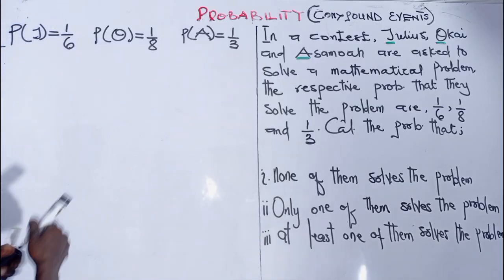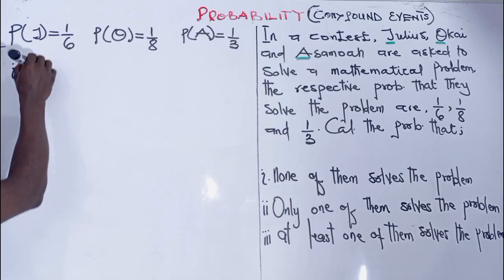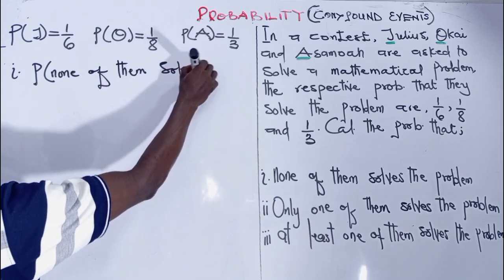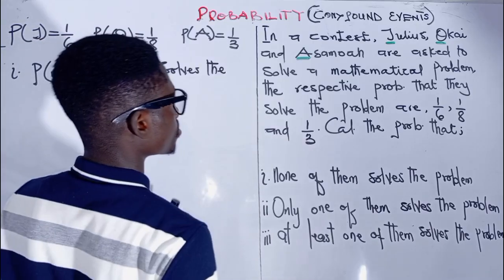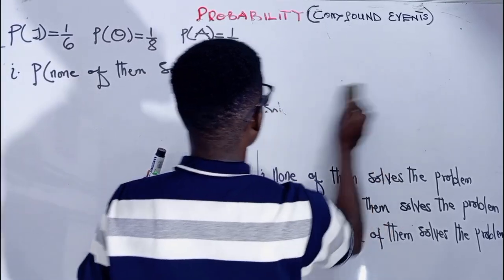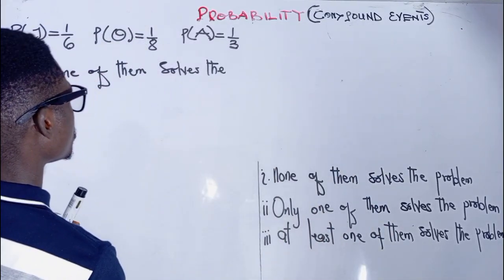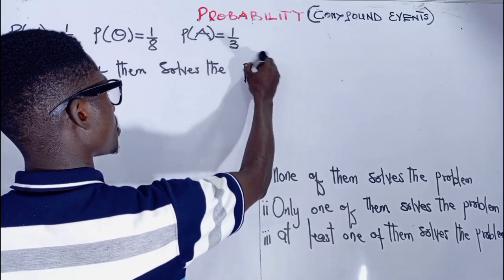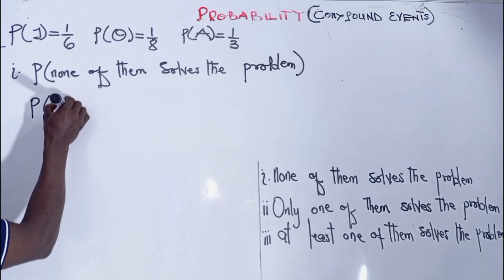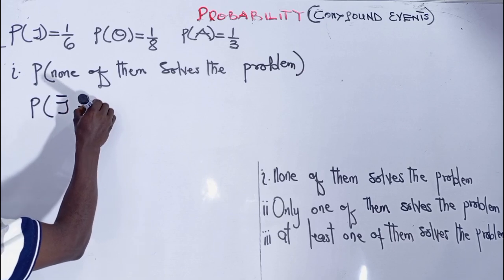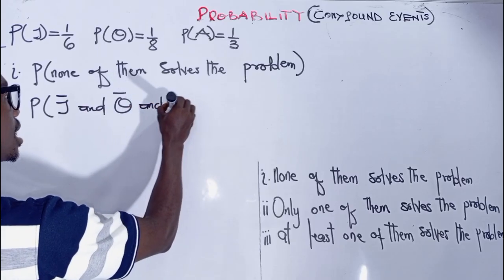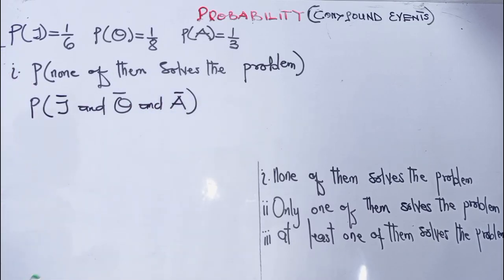So we can write it as the probability that Julius was not able to solve the problem, and Okai was also not able to solve the problem, and Asamoah too was not able to solve the problem.